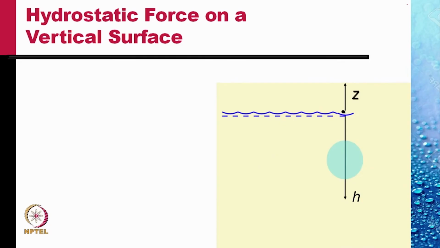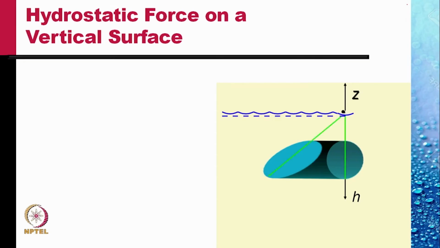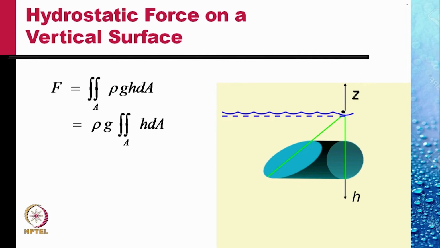Let us consider another geometry, a circular plate. The pressure prism on the circular plate would look like this. This is the hydrostatic pressure variation, and the force would be the integral of rho g h times dA over the whole area A, which is rho g times the integral of h dA.